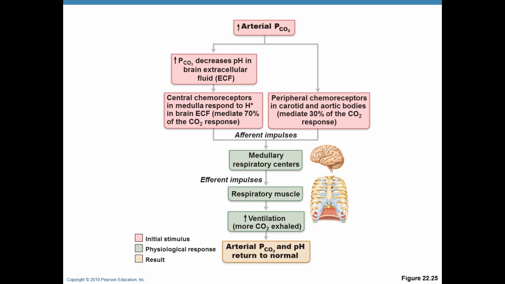They detect an increase in CO2, and so they'll send signals to your respiratory centers in the medulla, and then those respiratory centers will stimulate your respiratory muscles to increase your breathing rate. Those respiratory muscles will contract more frequently, and you'll also have stronger contractions so that they wind up increasing the depth of your breathing. And then if you exhale out CO2, think about that like you're exhaling out acid. So your body fluid pH will go back upward toward the normal range.